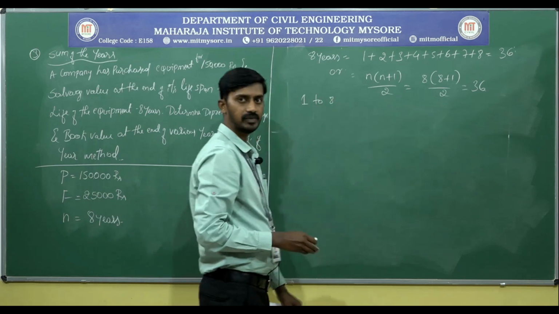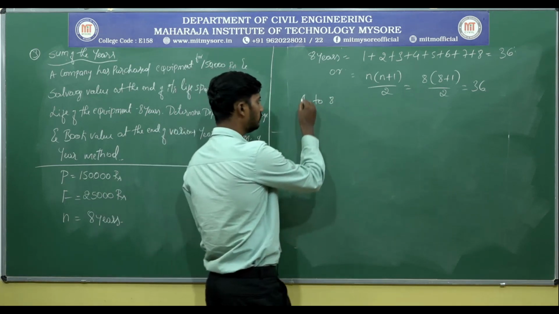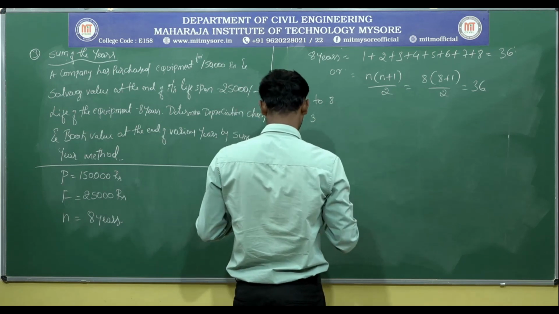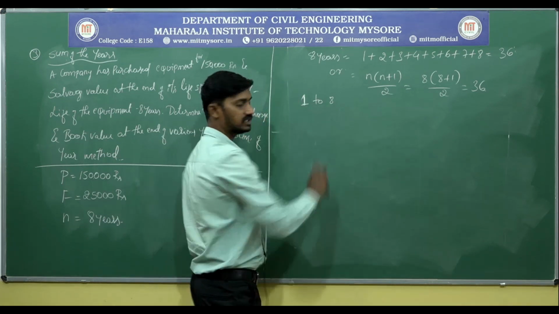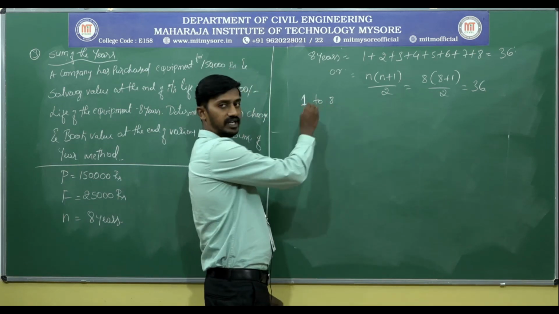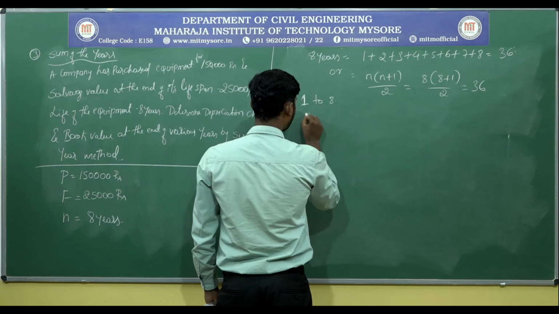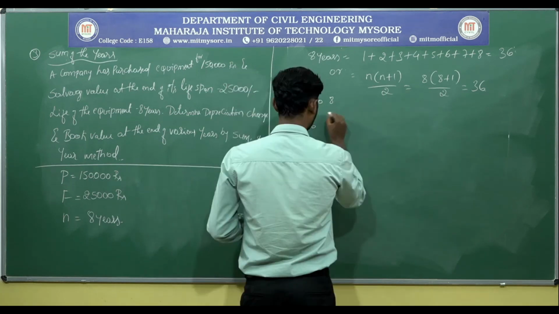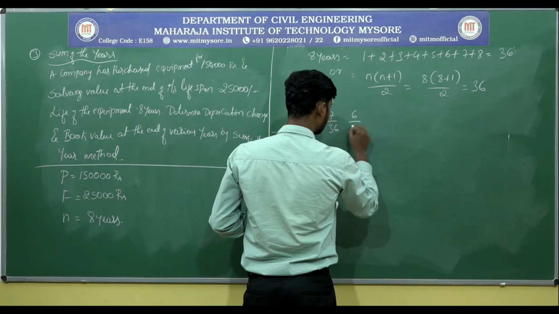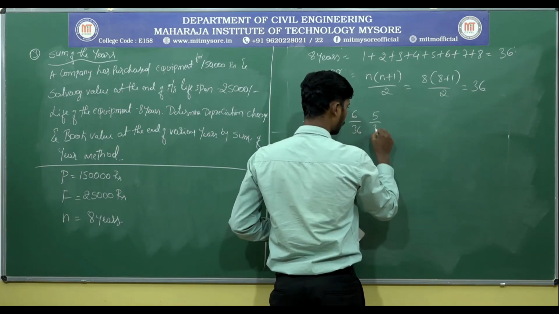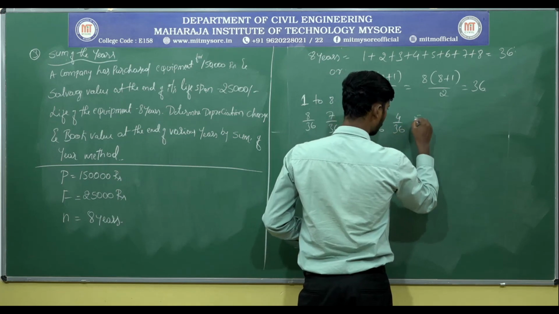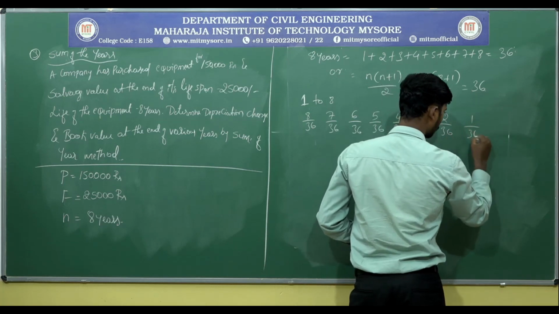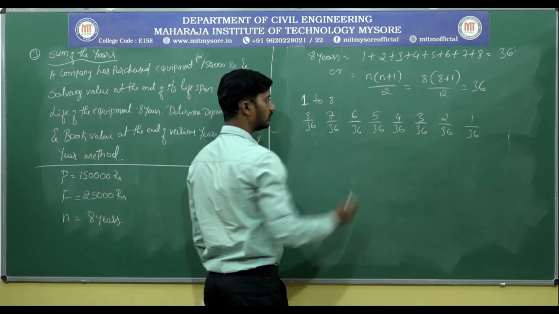Depreciation will start from the first year, 8 by 36 in the first year, then 7 by 36, 6 by 36, down to 1 by 36. See, it is going in reverse order, right?